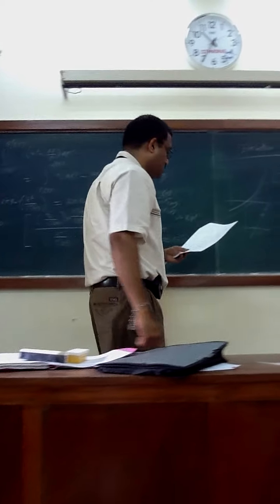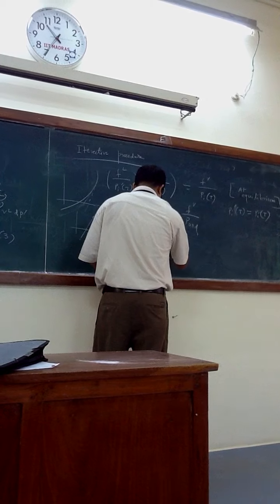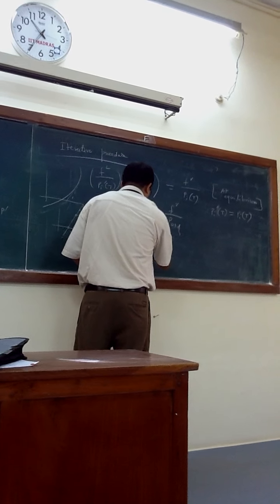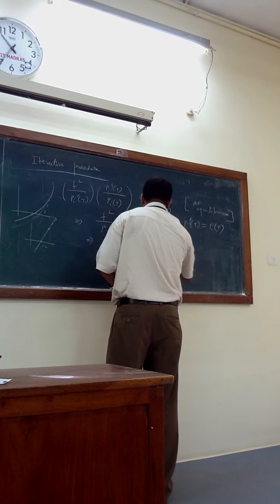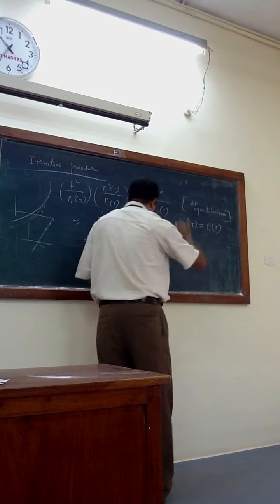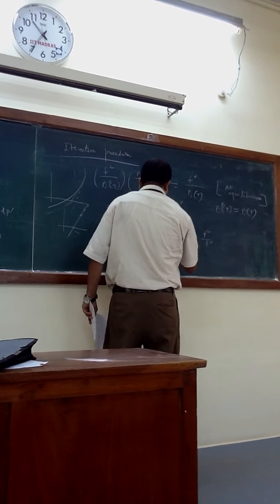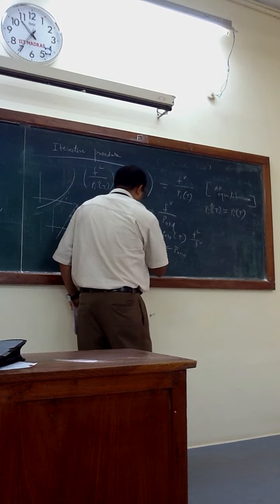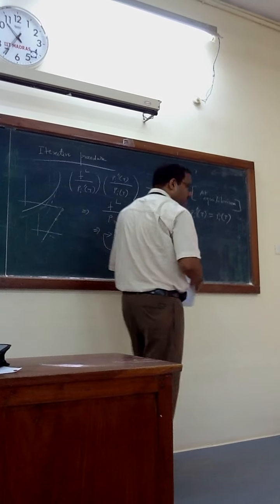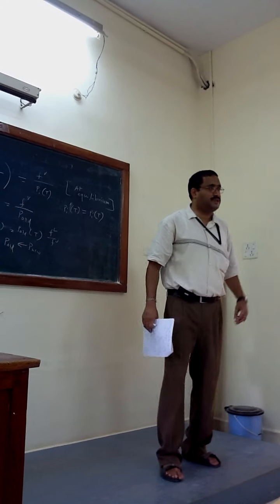So we have the iteration scheme now. P new equals, at temperature T, P old times f_L by f_V. Once you get P new, just like the Newton-Raphson method, P new is assigned as P old. Do the calculation, get P new, and once your P new equals P old, that is your P sat.